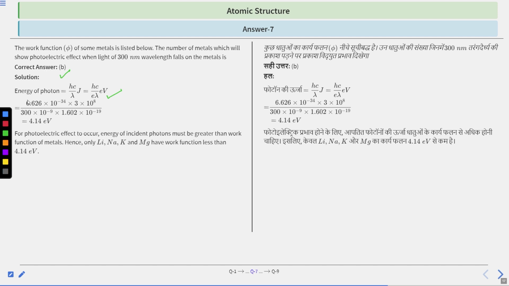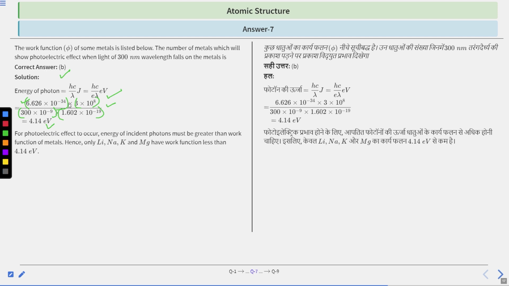Now let's put in the values: h, Planck's constant, is 6.626 into 10 to the power minus 34, c, the speed of light, is 3 into 10 to the power 8, divided by e, which is 1.602 into 10 to the power minus 19, and lambda is given as 300 nanometer, which in meters is 300 into 10 to the power minus 9. On solving this fraction, we have the energy of the photon equal to 4.14 electron volt.